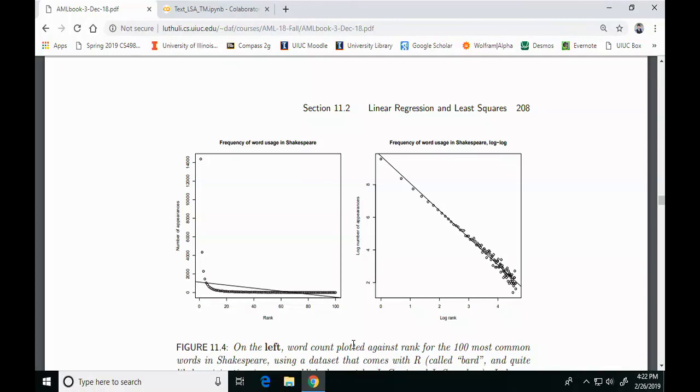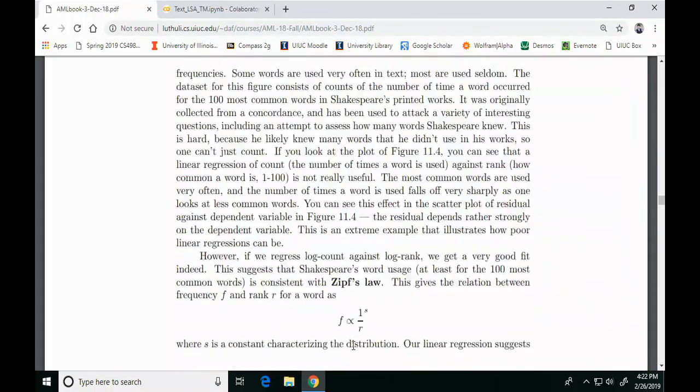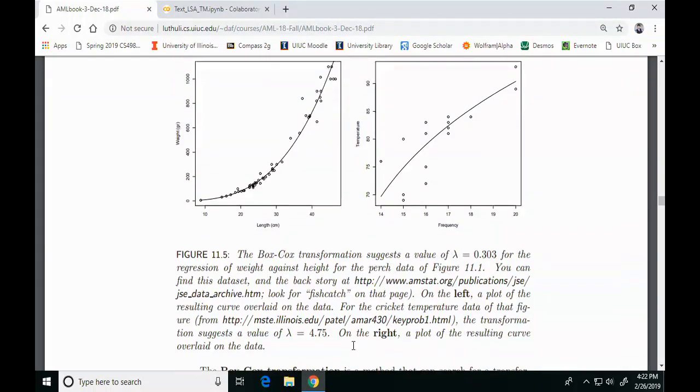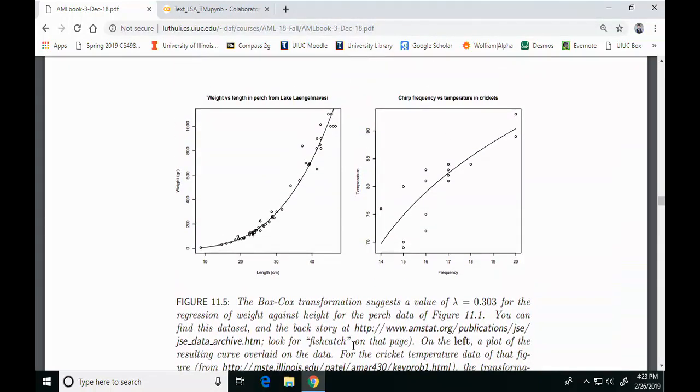So when we fit a linear regression to this, we could do a pretty good job of fitting that particular regression. We'll often do these sorts of transformations to get the data in a way that you can fit better.